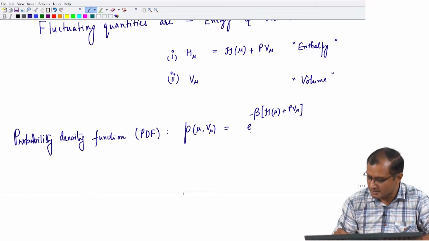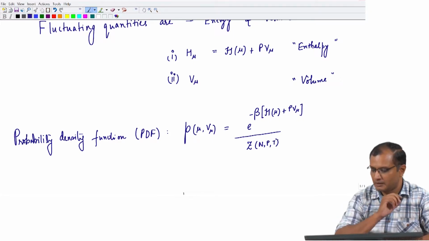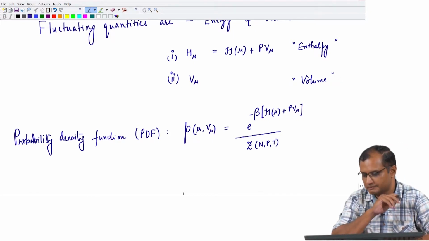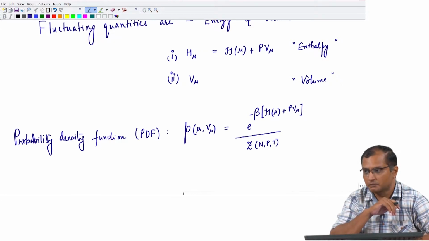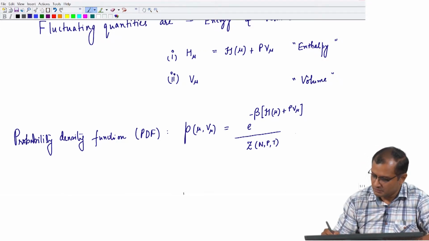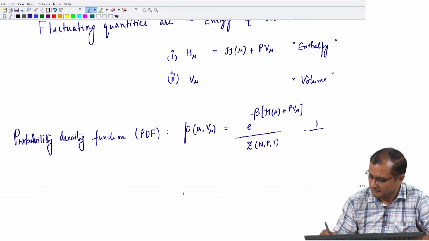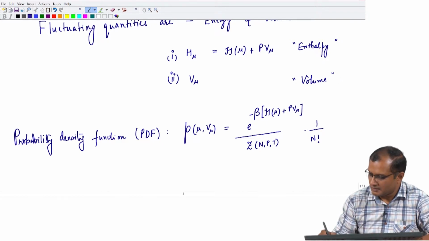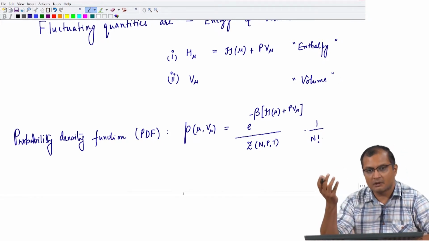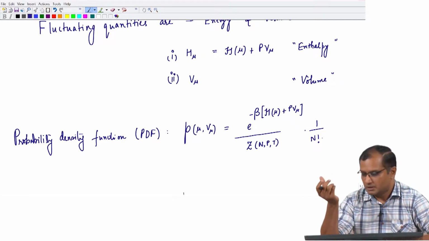And to normalize this, I have to divide it by the partition function. Now, this is not yet a probability density function, because it does not have the dimensions of the phase space volume. So, I am going to divide it by n factorial, that takes into account the fact that the particles are indistinguishable.